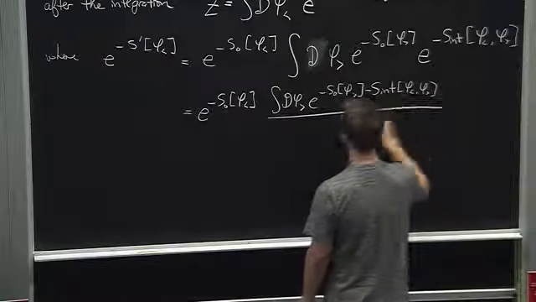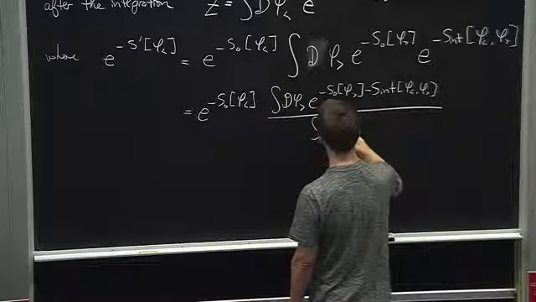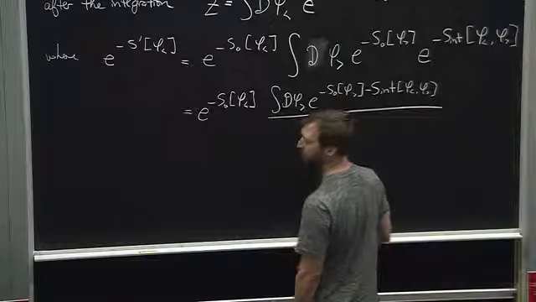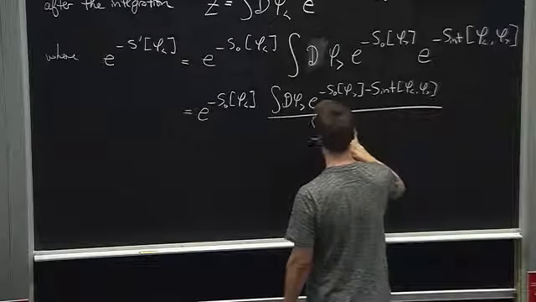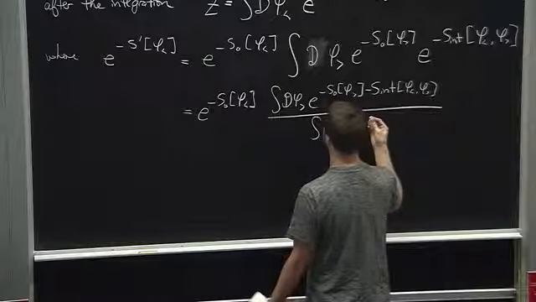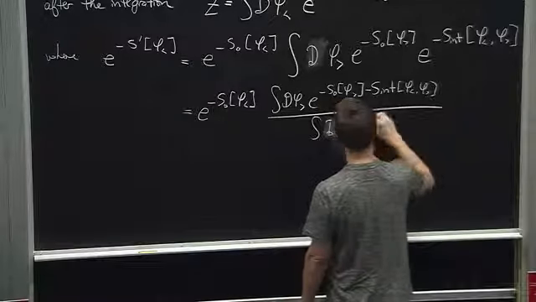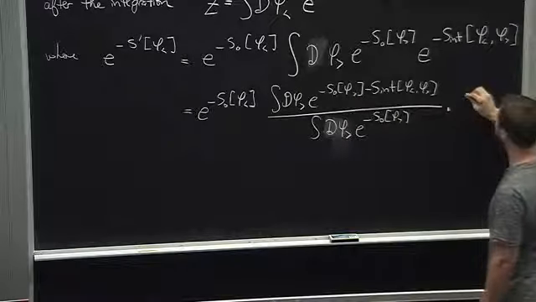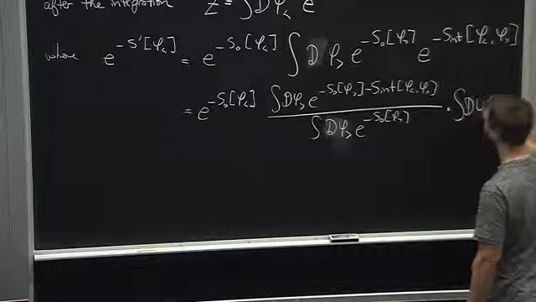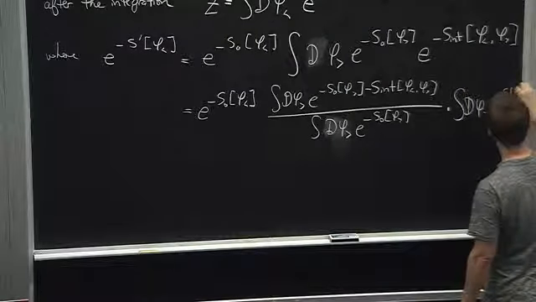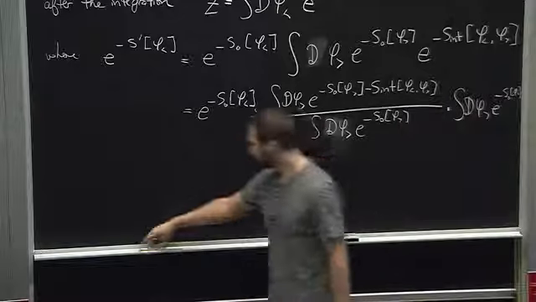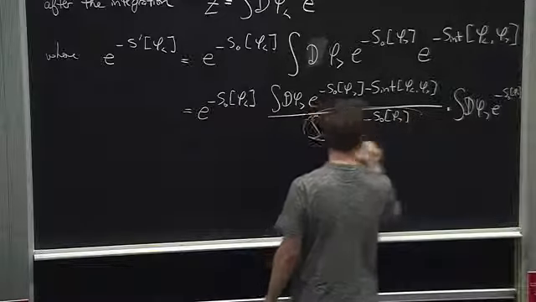Okay, so I want to divide this by, I'm just multiplying and dividing by that. Sorry to jam it in there. So this, and this.